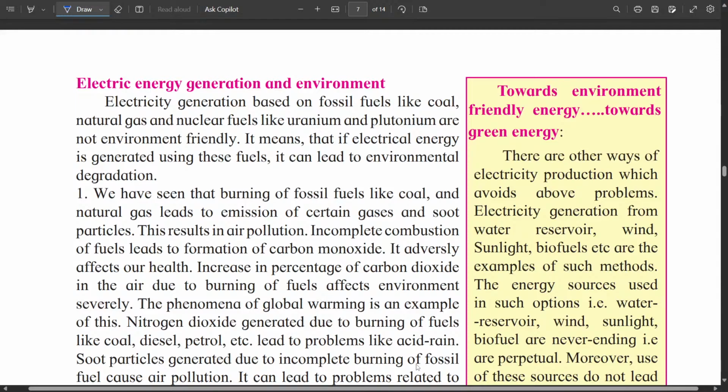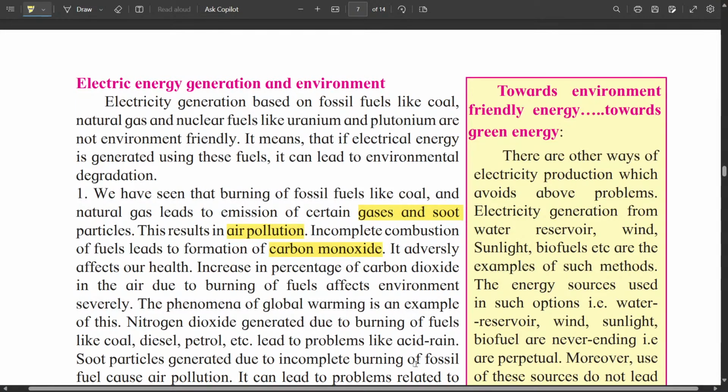We have seen that burning of fossil fuel like coal and natural gas leads to emission of certain gases and soot particles. This results in air pollution. Incomplete combustion of fuels leads to formation of carbon monoxide. It adversely affects our health.